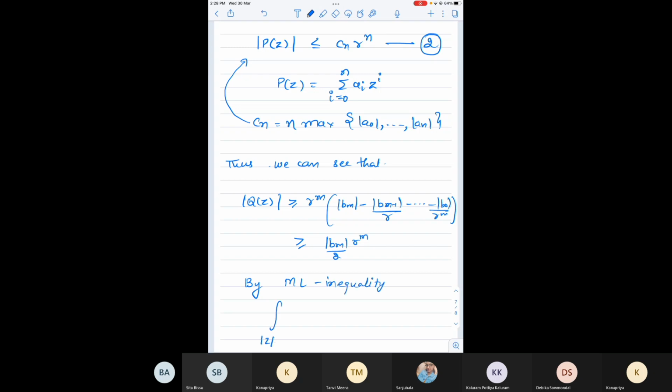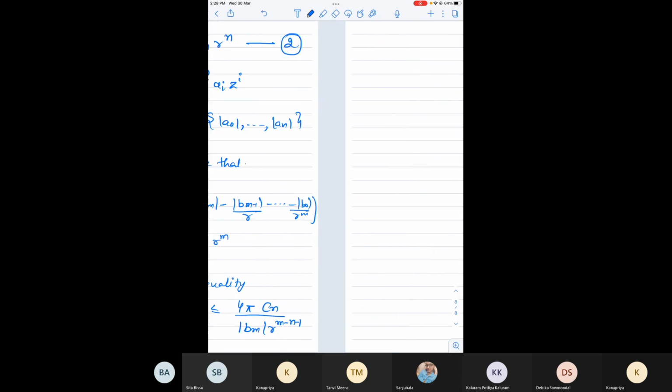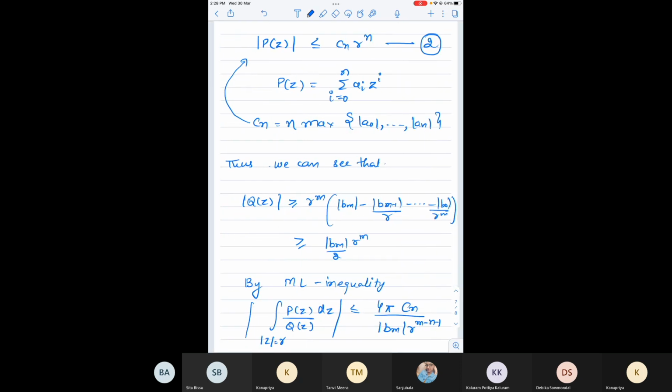We are integrating over this circle of radius R. Now this will be less than some constant times R raised to power m minus n minus 1. Is it fine?